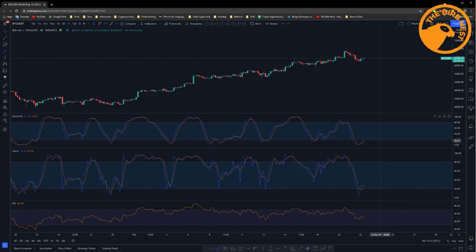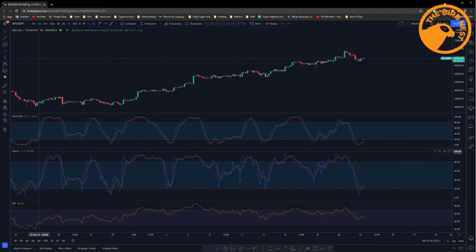So basically, the stochastic RSI measures that momentum and shows an indicator that catches these waves.